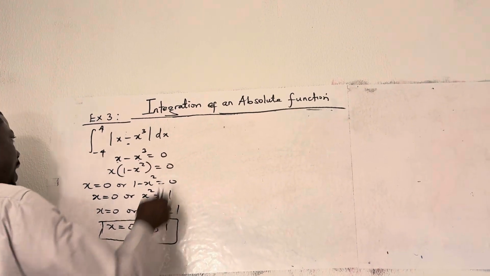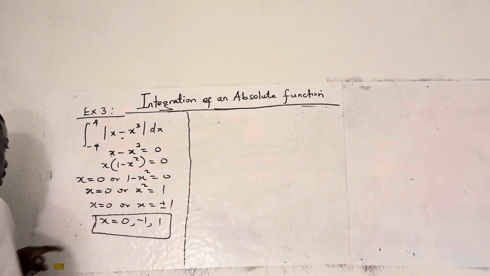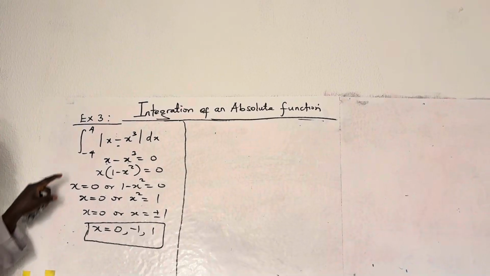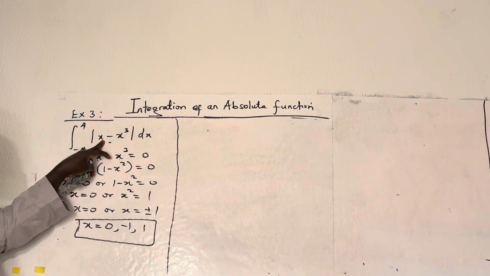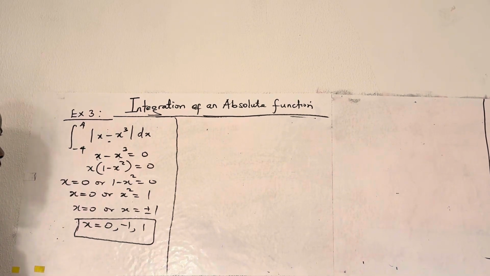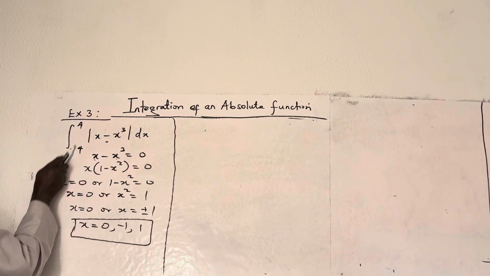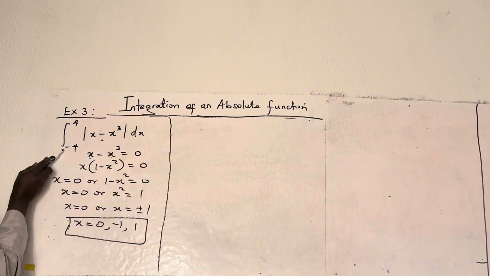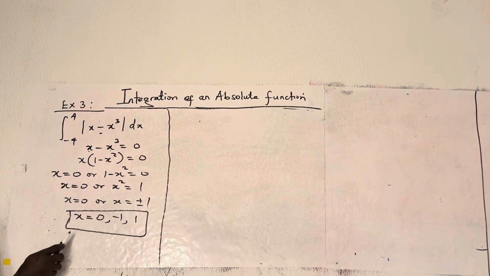Now, the next step is to determine the one that will be negative and the one that will be positive. If you look at the limit from minus 4 to 4, let's relate this.